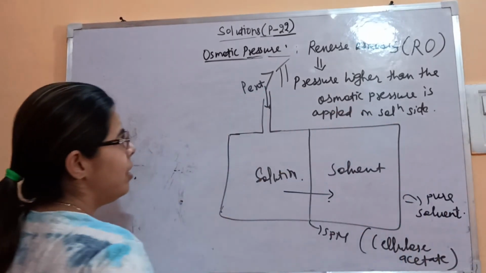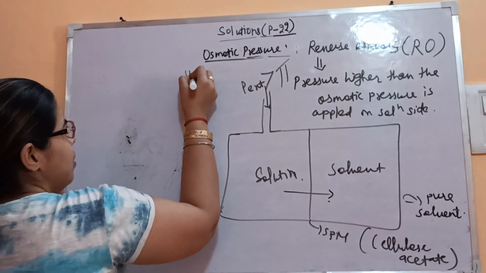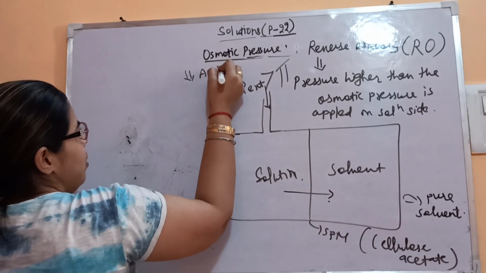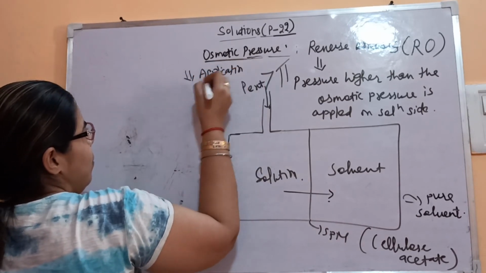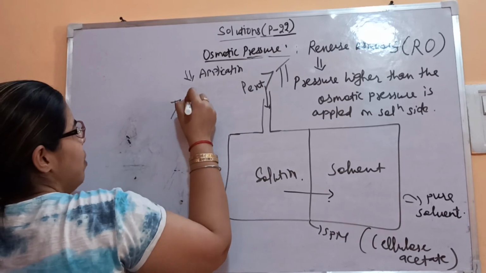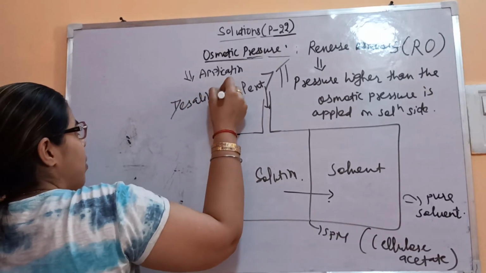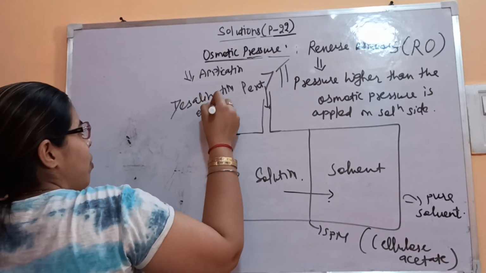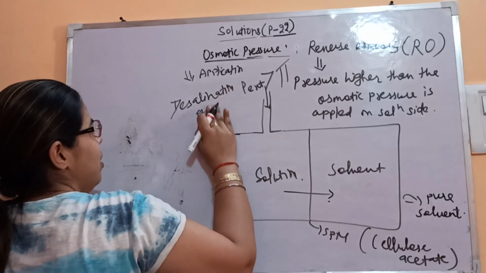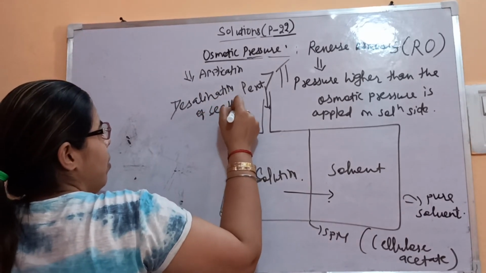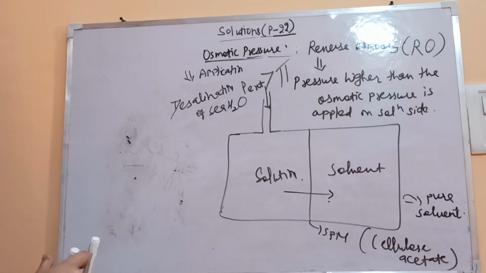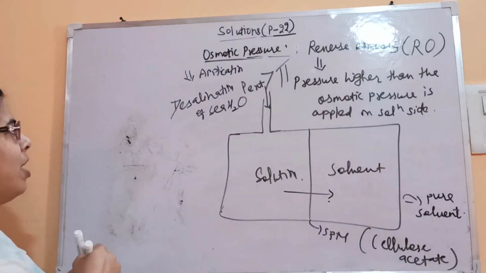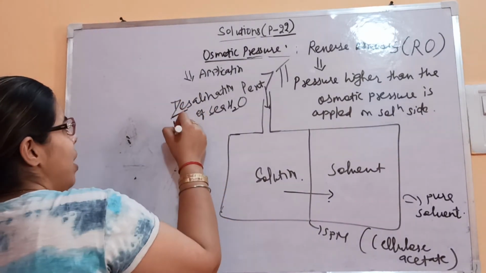So this process, reverse osmosis, what is its application? It's used in the process of desalination of water, that is, sea water. Desalination means, whenever we use the prefix D, it means removal.